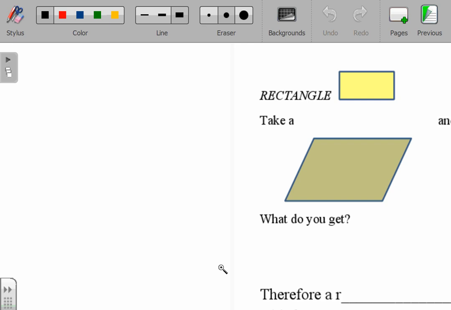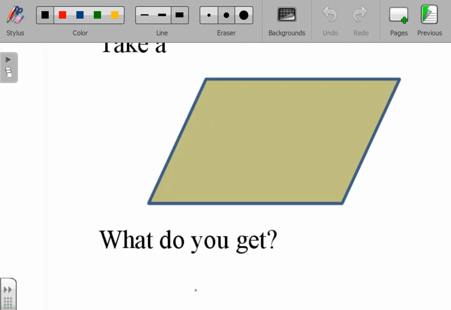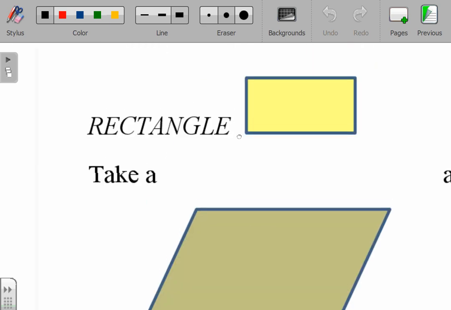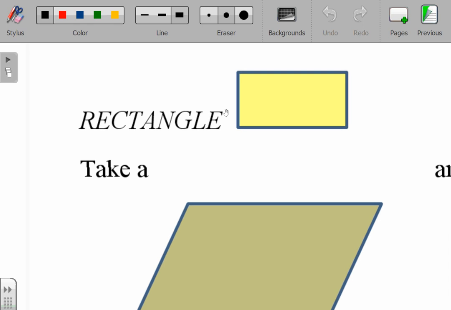So let's focus first on a rectangle. So a rectangle, if I take a parallelogram, so I start with a parallelogram and I make 4 congruent right angles, then we get a rectangle.